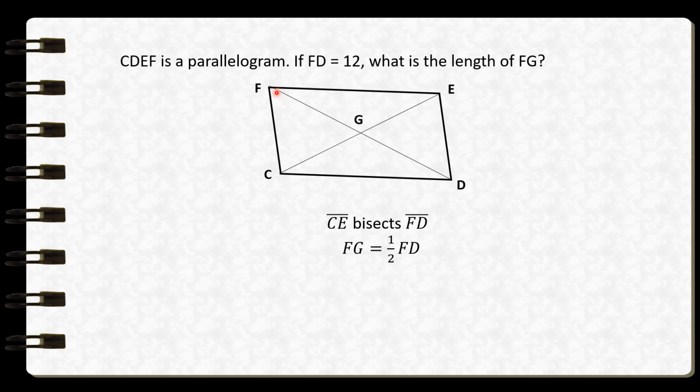So, FG, or the distance of segment FG, is equal to 1/2 of the whole diagonal FD. So, FG is equal to 1/2 FD. And the measurement of segment FD is 12. Okay, I just substituted it. So 1/2 of 12 is equal to 6.